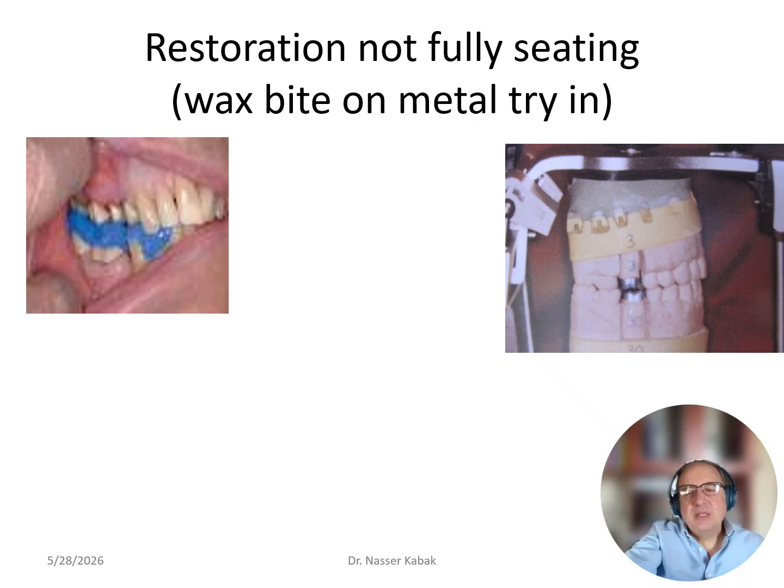Now, sometimes the fit of the crown over the articulator is not so appropriate, and this is why the laboratory technician asks us to take a small bite registration of wax over the metal try-in or over the zirconia crown during the try-in stage.